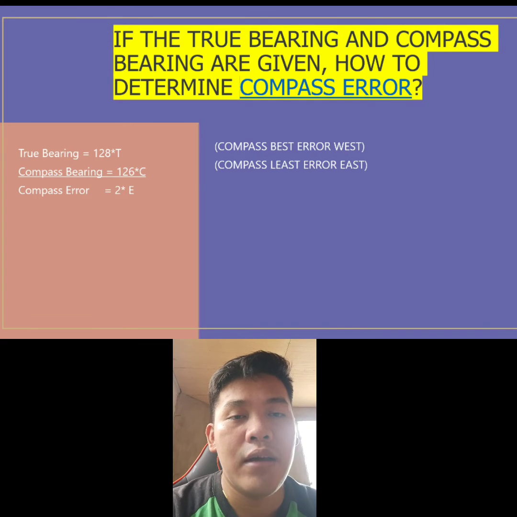So note, compass best, error west, which means if the compass bearing was bigger than the true bearing, the sign will be west, while compass least, error east, if the compass bearing was smaller than the true bearing, then the sign is east. Since my problem's compass bearing is smaller, we need to put the sign east.